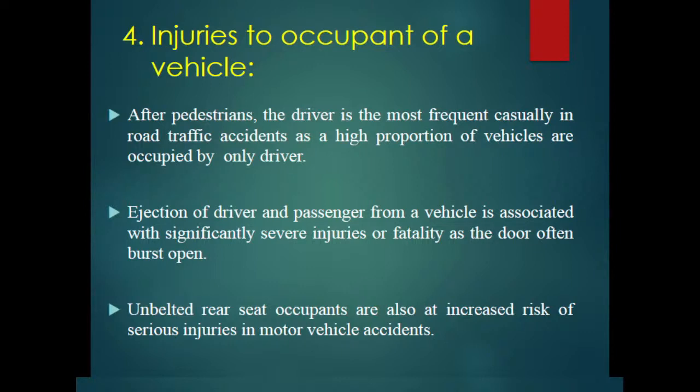Ejection of the driver and passenger from the vehicle is associated with significantly severe injuries or fatality, as the door often bursts open. Sometimes ejection could be seen through the windshield due to its breakage, with the driver and passenger being unbelted, unfastened.